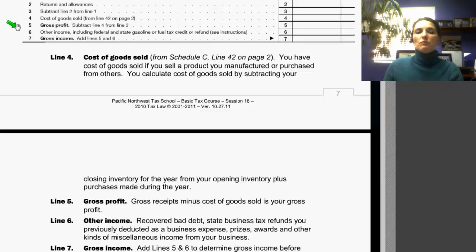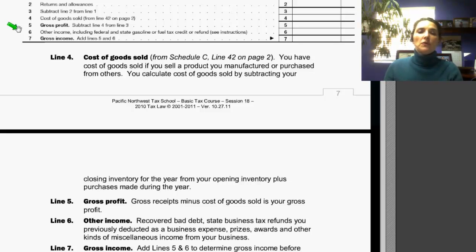And then we have line 6, where we enter certain other types of income, including federal and state gasoline or fuel tax credit or refund. And in certain situations, you might have a recapture of depreciation that was reported on Form 4797 that would be entered on this line. So, for example, if you claimed a Section 179 deduction on an asset that fell to less than 50% business use, that particular recapture is figured in Part 4 of Form 4797.